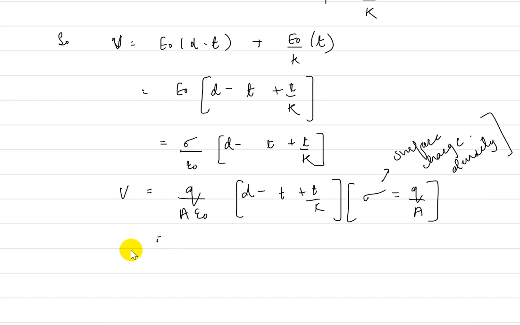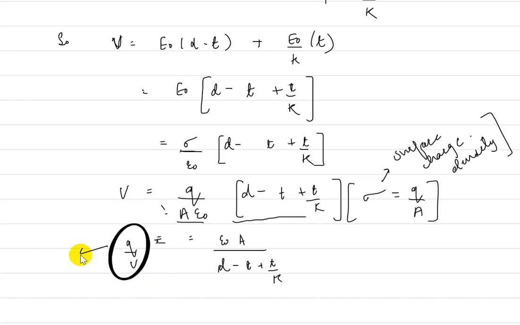Now we can write it as Q by V is equal to epsilon naught A upon D minus T plus T by K. We have simply taken V to this side and A epsilon naught and D minus T plus T by K to the other side. So now we know this is equal to C, the capacitance.